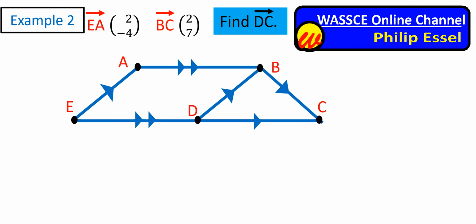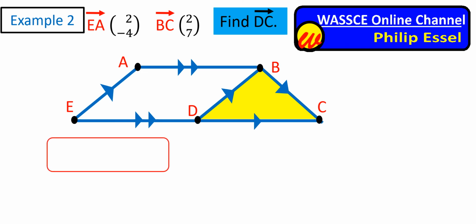To be able to do this, I'll need us to first identify the region from the diagram given to us where we can find the vector DC. So the vector DC forms part of this yellow triangle. In fact, when you observe this yellow triangle carefully, you realize that the vector DC is the base of this yellow triangle.